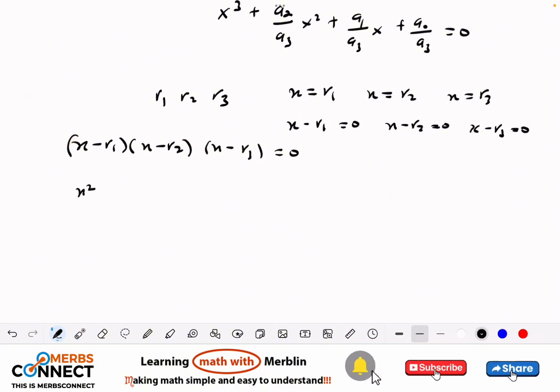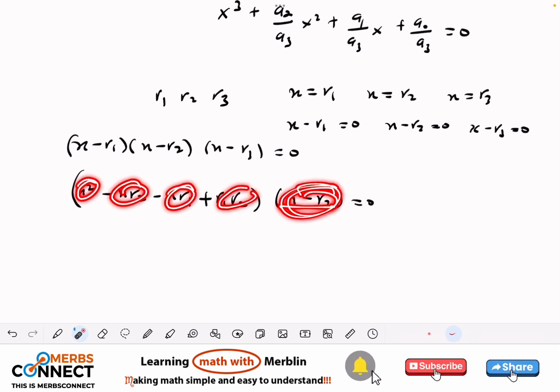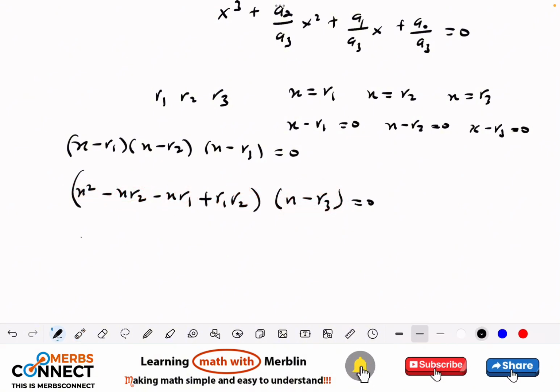So this will be x squared minus x r2 minus x r1 plus r1 r2, multiplying x minus r3 is equal to 0. So what can I do now? x squared will multiply everything here. This will multiply everything here. So let's go through that. I'm going to have x cubed minus x squared r3.